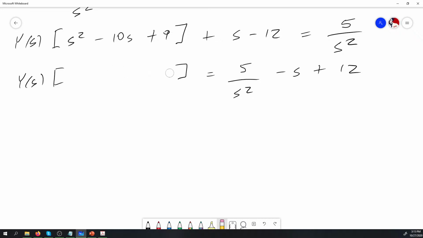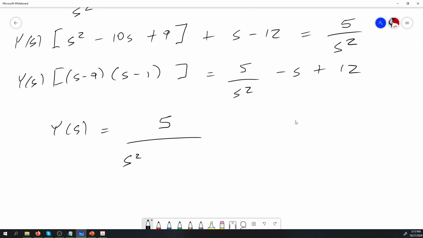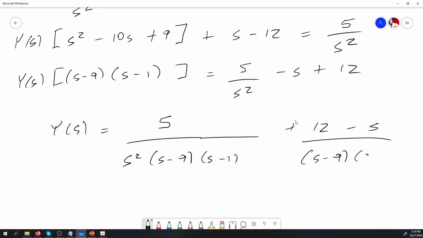So Y of s in this case can become 5 on s squared, s minus 9, s minus 1, plus 12 minus s on s minus 9, s minus 1.